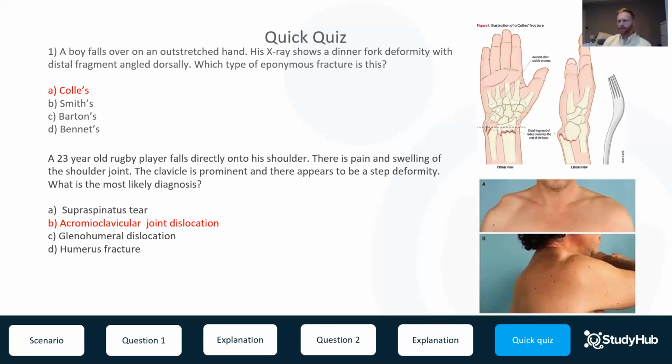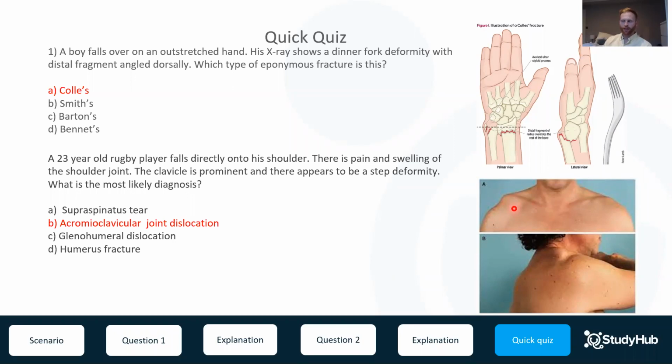So this would be quite a severe injury. You can see here that he has a completely off-ended clavicle and it's tenting the skin. So this would be a high-grade acromioclavicular joint dislocation, and that will cause you serious trouble in trying to recover and in your daily activities. So that would probably need surgical fixation.